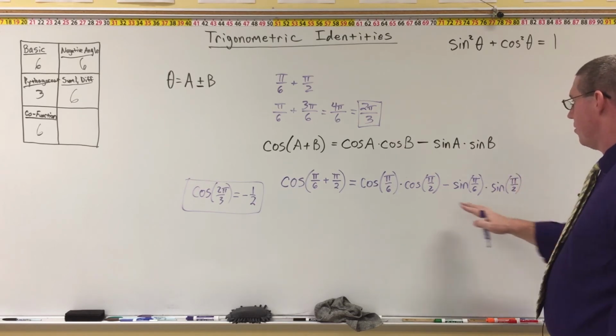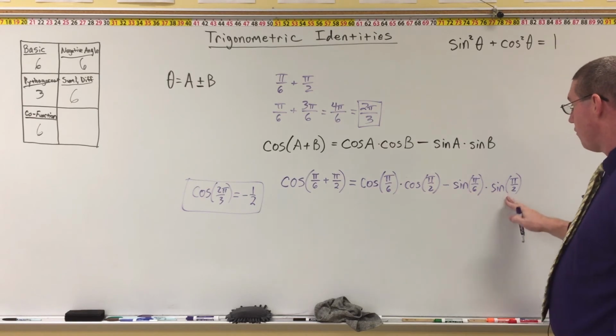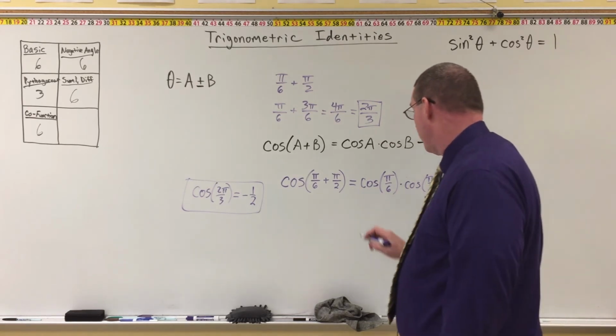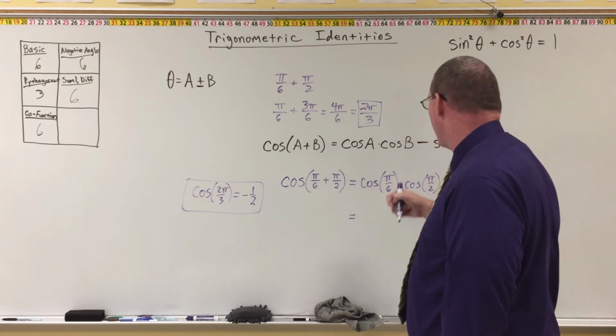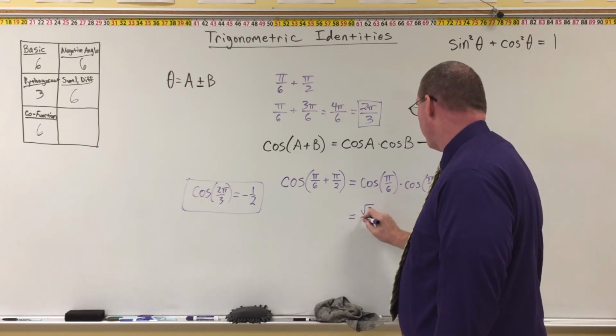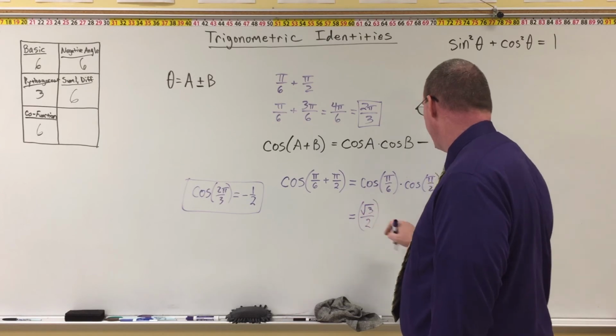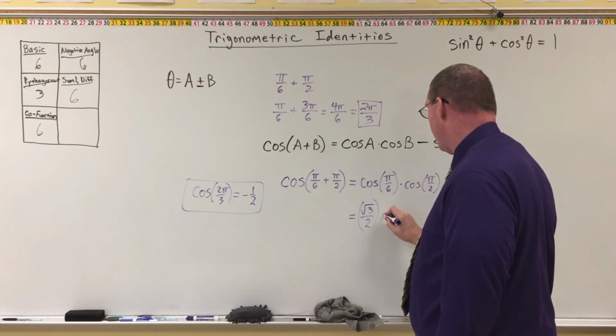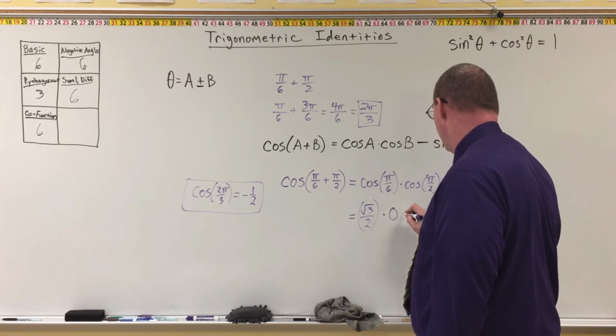And now all we got to do, since we know these values from the unit circle, we shouldn't have a problem with this. So now it's going to be equal to cosine of pi over 6, well, that's square root of 3 over 2. Cosine of pi over 2, look at your unit circle, that equals 0.